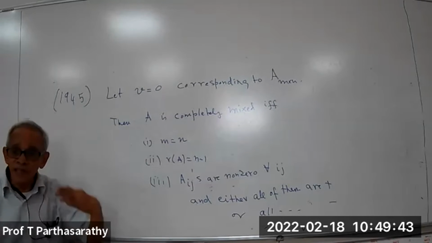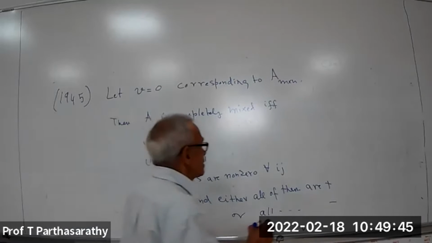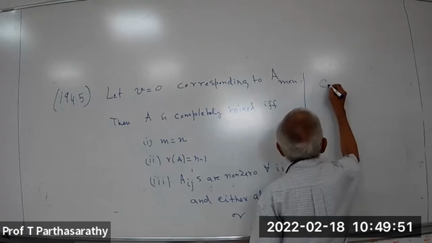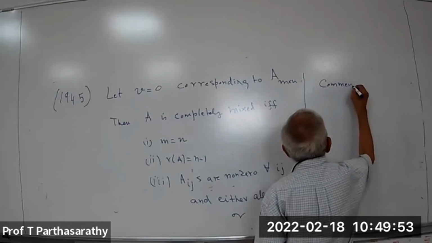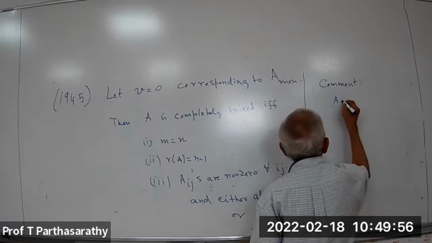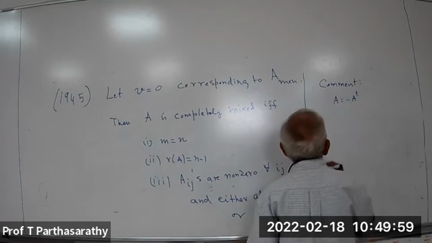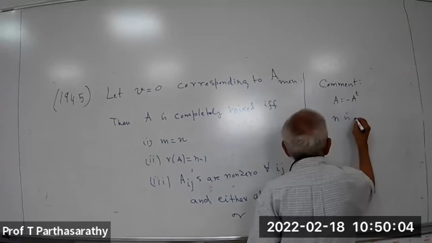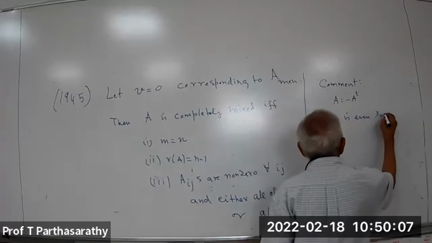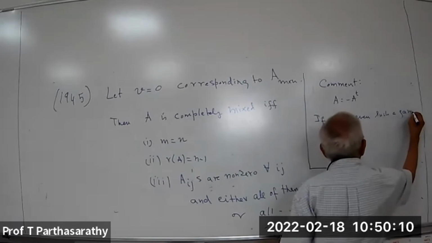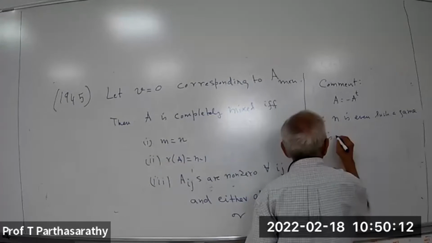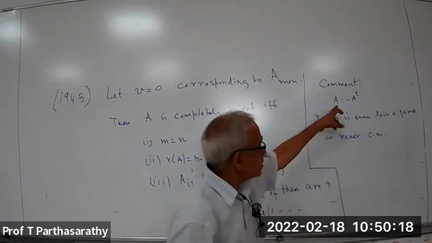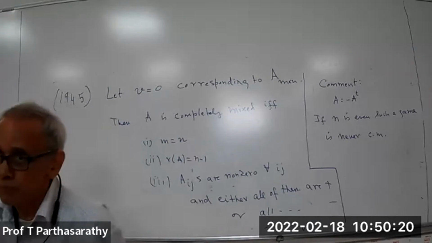In that paper, at the end, he makes the following remark. People didn't bother to take that into account. This was his comment at the end of the paper. Take a matrix with A equal to minus A transpose. If n is even, such a game is never completely mixed, because for a skew symmetric matrix the value is always 0.